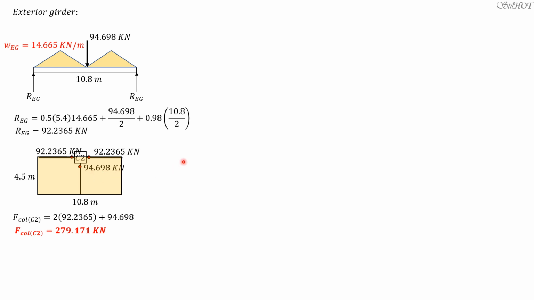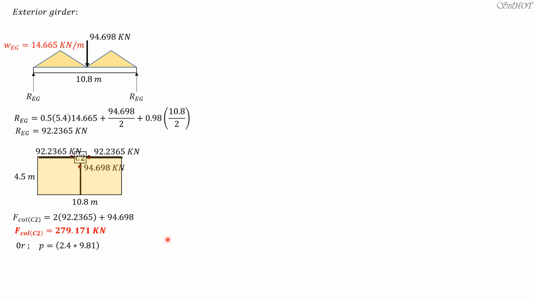The other half is thrown in column C3. So half of 4.5 plus half of 4.5, that's 4.5. So the total length of the beam is 9, because this is divided by 2, this is also divided by 2, while the length of the girder is exactly 10.8.